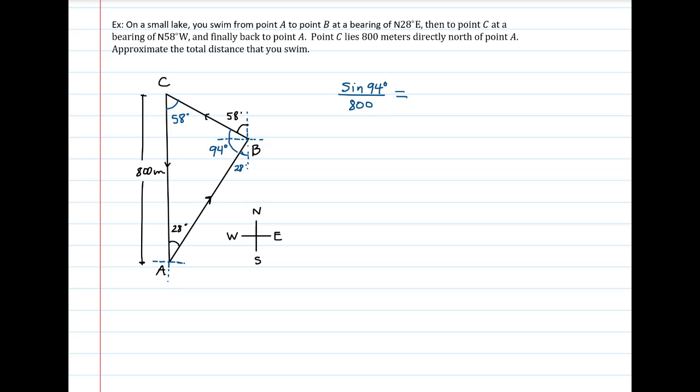Having that, we can set up our law of sines here, and notice how they've labeled the vertices of the triangle as A, B, C, so that's nice to be able to refer to in our formula. We have sine of B over lowercase b, which is given for us as 800, equal to sine of angle C, which is 58 degrees, over lowercase c.